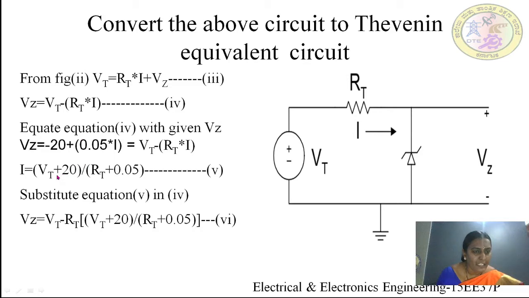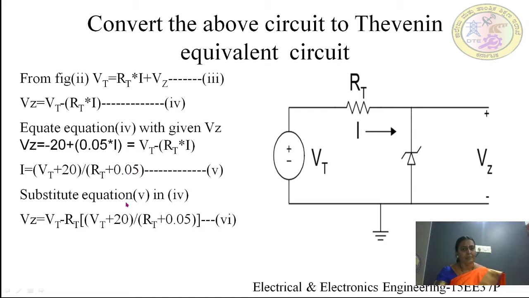Then 0.05 into I and Rt into I have I as a common factor. Take I as a common factor. Then we get I is equal to Vt plus 20 divided by Rt plus 0.05.